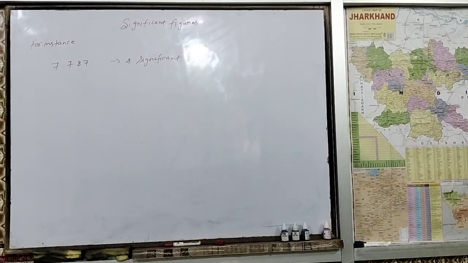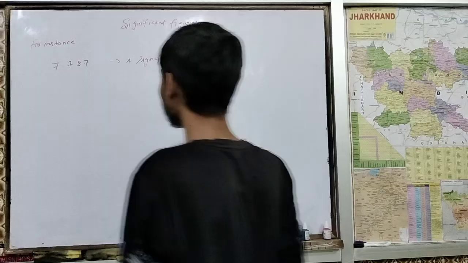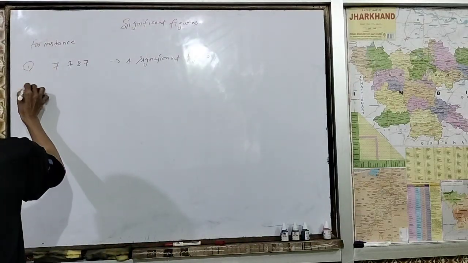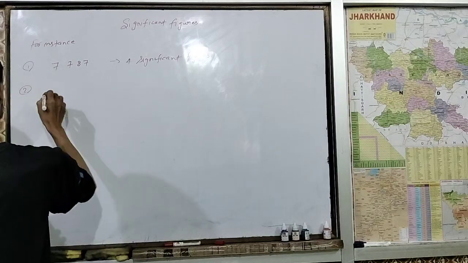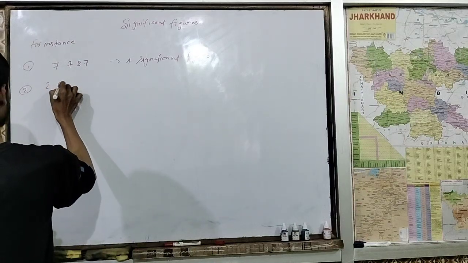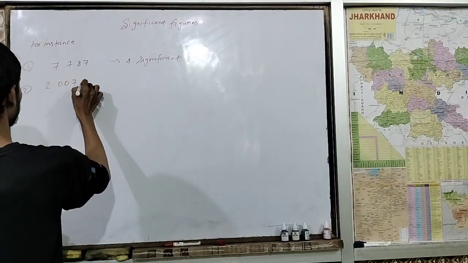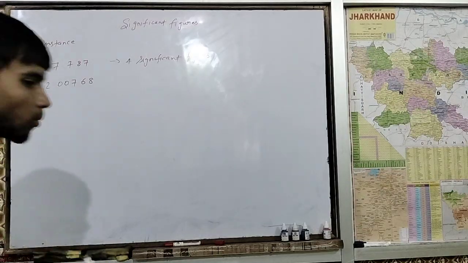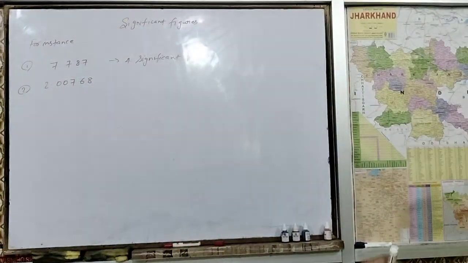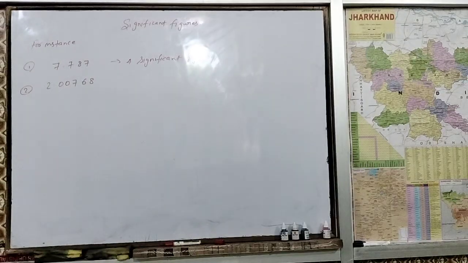Now the next rule. With an example, I will explain: 2.0. Look at here. Your focus should be on 0.